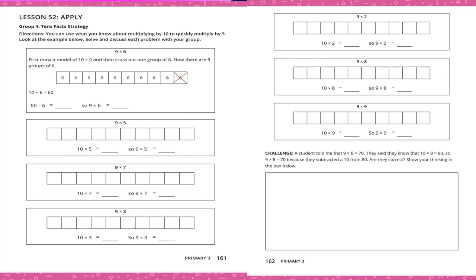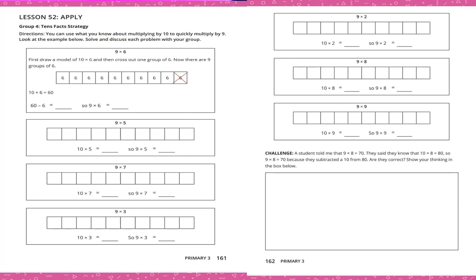Tens facts strategy. You can use what you know about multiplying by 10 to quickly multiply by 9. Look at the example below, 9 times 6. First, draw a model of 10 times 6 and then cross out one group of 6. Like this.